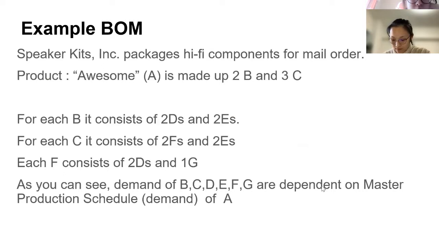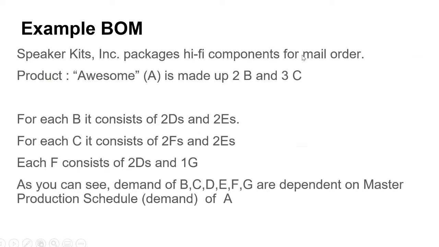Now, this same example is given in the book: speaker kits, packaged hi-fi components for mail order. They package, combine, and make it into a speaker. Product A, an awesome speaker, is made up of 2Bs and 3Cs.